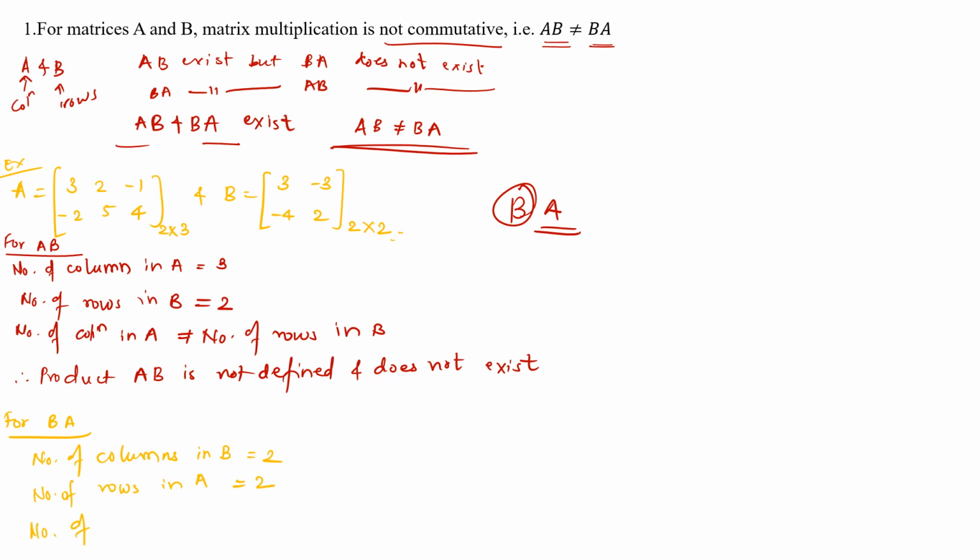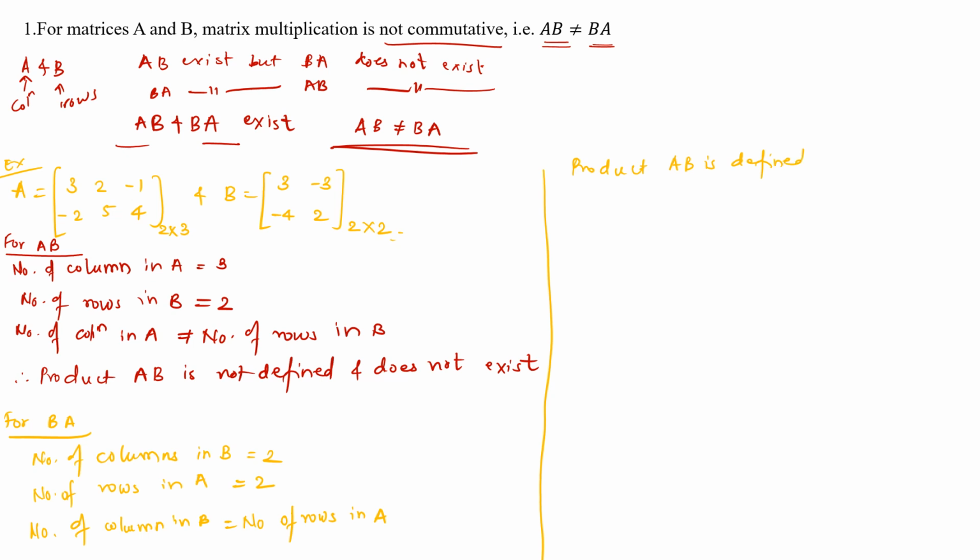Here we observe number of columns in B is equal to number of rows in A, and since this is equal, we can say that the product BA is defined and will exist. Okay, so let's check what is the product. Sorry, I have written AB, it should be BA. Let's check the product BA.